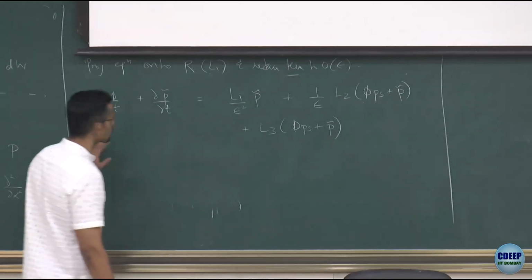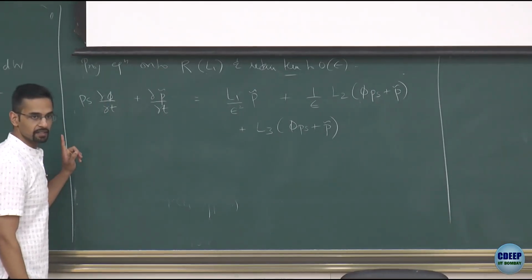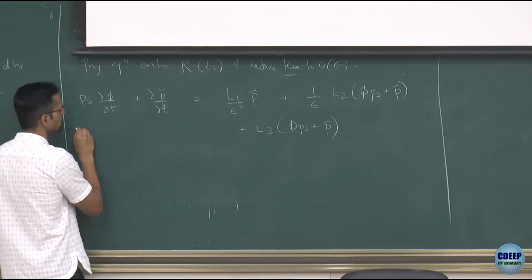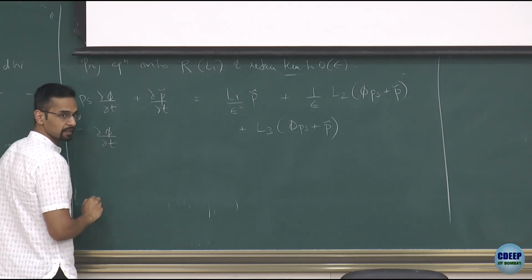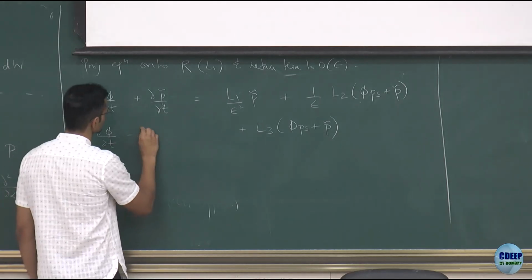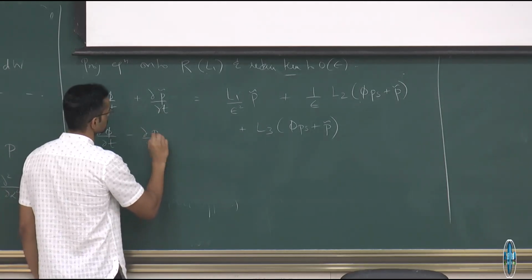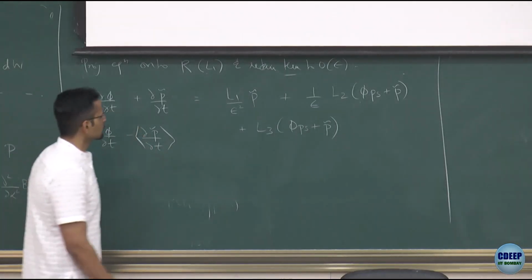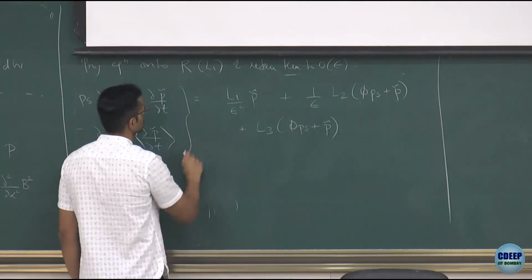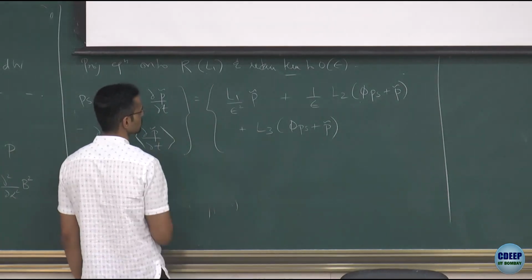If you want, I can write it like this. And now I should subtract out my range part of it. So I'll have minus, correct? So this is equal to this.